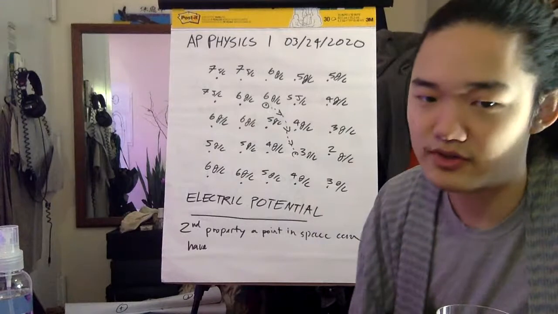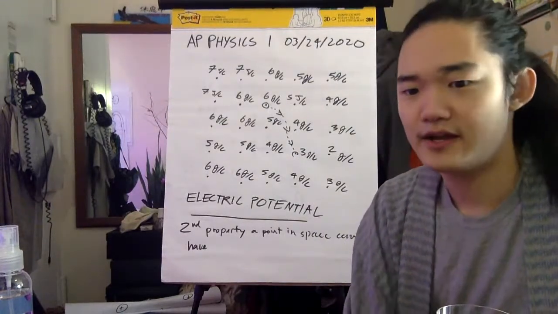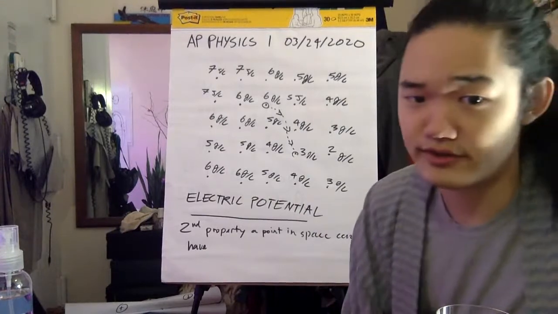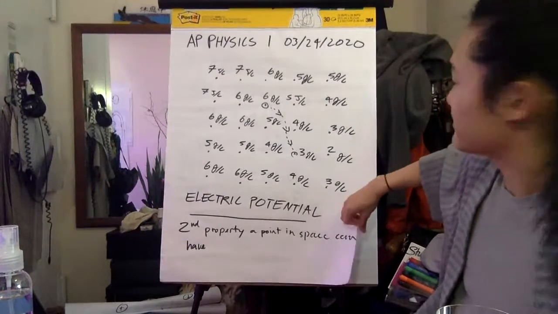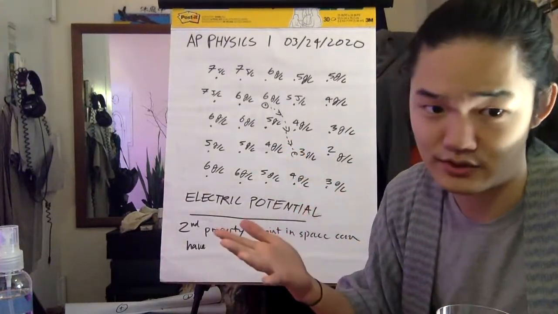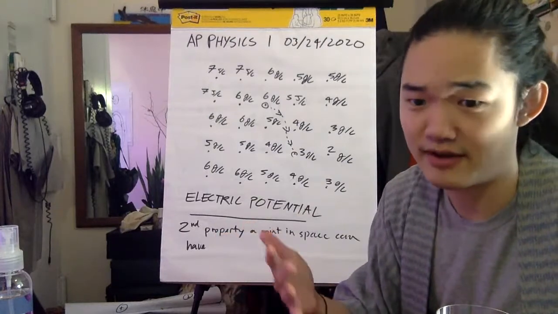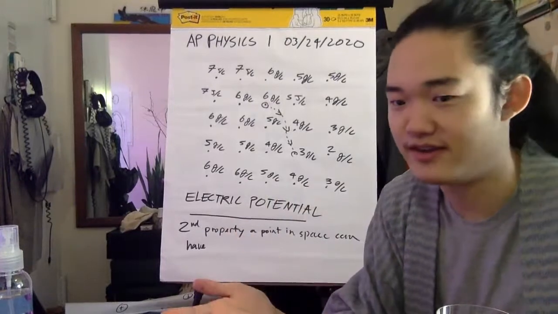Now, a joule per coulomb is equal to a volt, okay? But the reason why I don't like using volts and I really like using joules per coulomb is because a volt is the unit with which we measure potential. And potential is abbreviated by V. So I don't want to write delta V is negative 3V. You know what I mean?